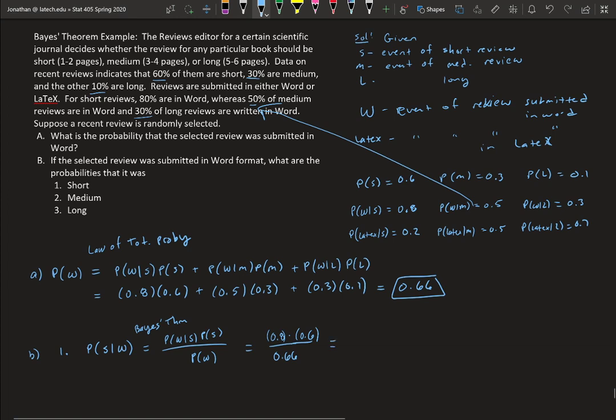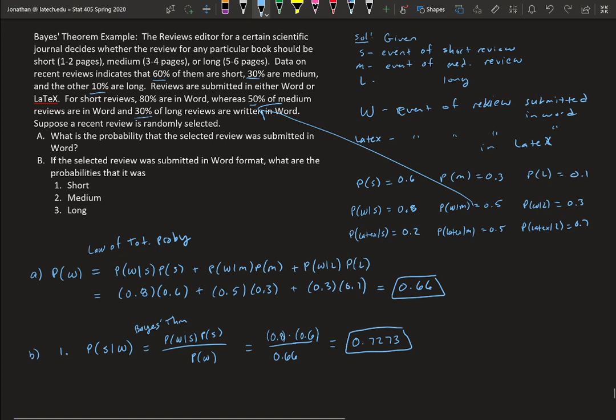So 0.8 times 0.6 over 0.66, as I rounded, I think, is 0.7273. So that's the probability that it is a short document given that it's a Word document. So basically 73% of the Word documents are short.